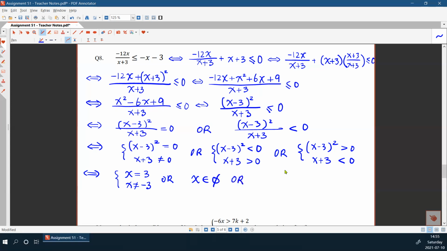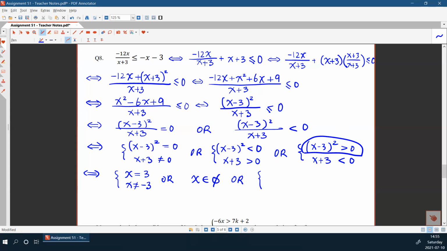Or the third branch tells us, first of all, something squared that is greater than 0. So what is the solution of this? Okay, I'm going to ask you this question. Dora, tell me, what is the solution of this expression? So x minus 3 squared is greater than 0.